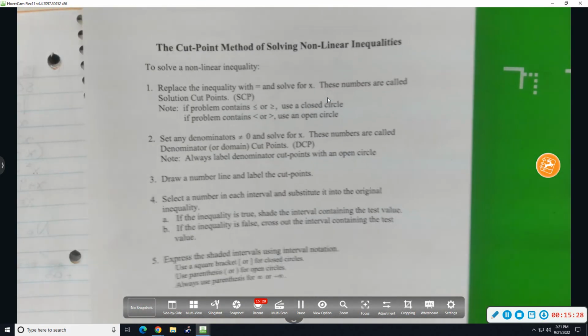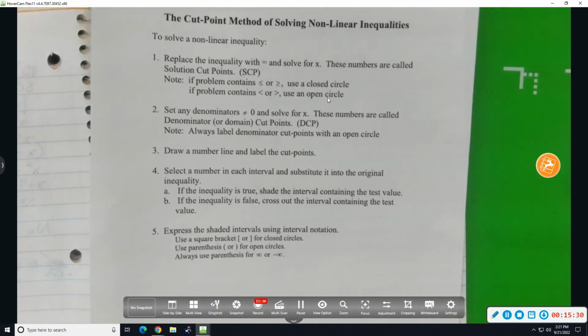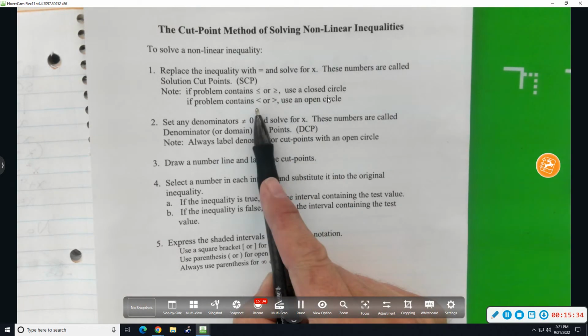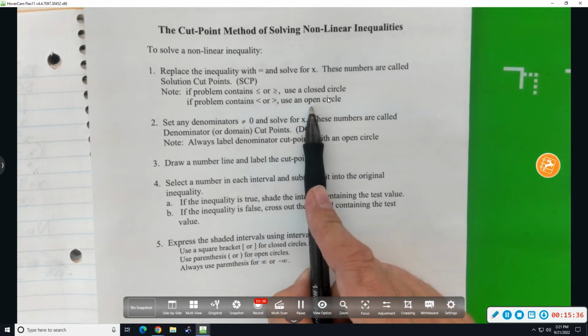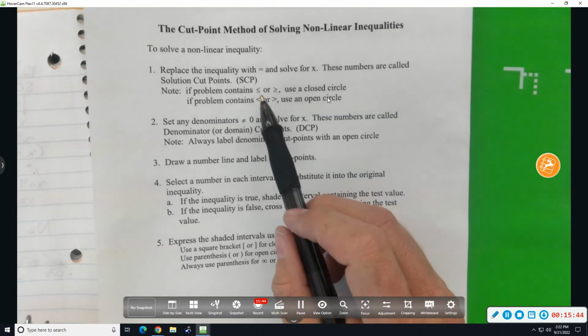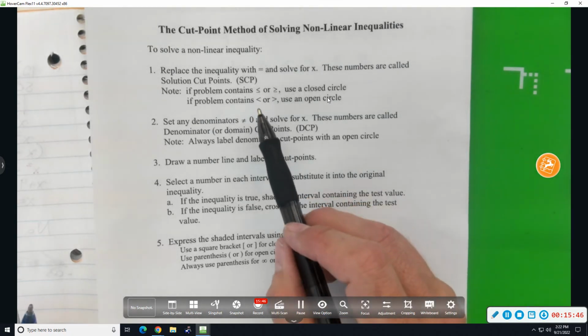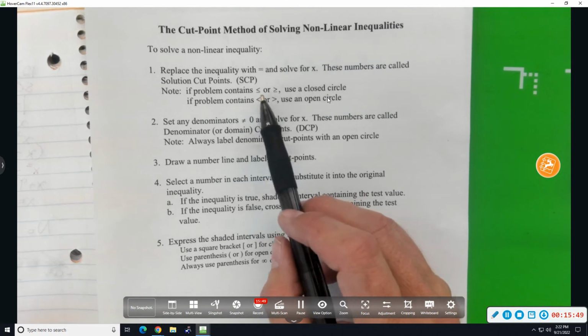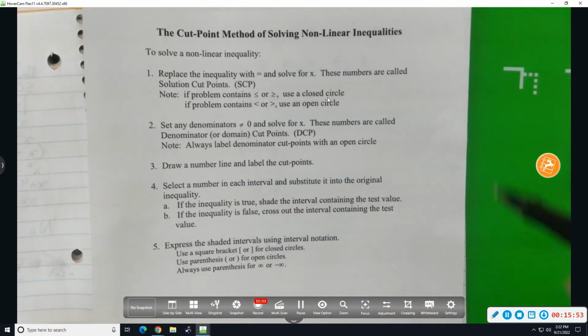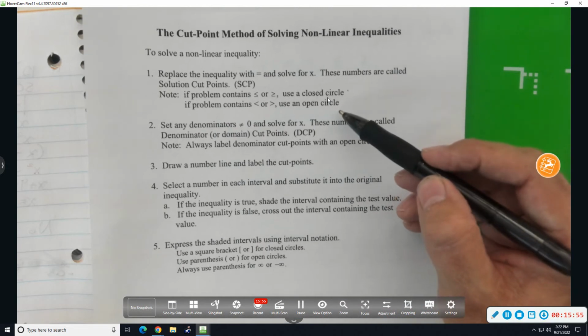Years ago, a student told me the way she remembered that if there's an equal sign, it's a closed circle, and if there isn't, it's an open circle, was she asked herself, what takes up more ink? What uses more ink to write, the less than or equal to, or just a plain less than? Well, the one that has the equal sign. Which one uses more ink, a closed circle or an open circle?